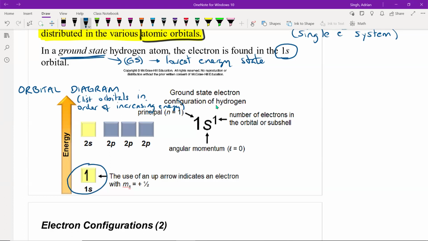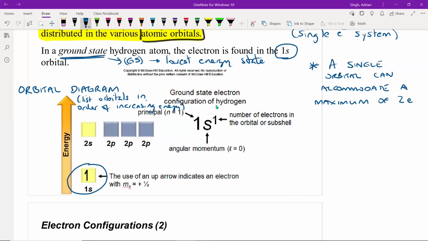Now, one important thing to keep in mind as we start dealing with these electron configurations and orbital diagrams, and this is really important, a single orbital can accommodate a maximum of 2 electrons. Okay, so that's as many electrons as we can stuff into a single orbital.